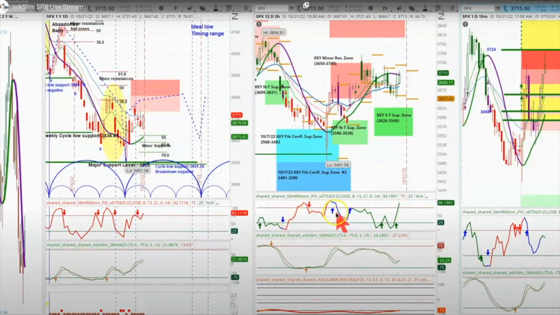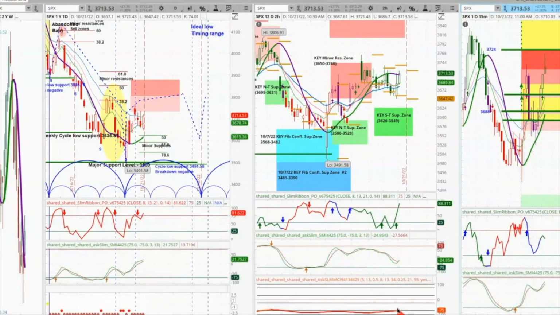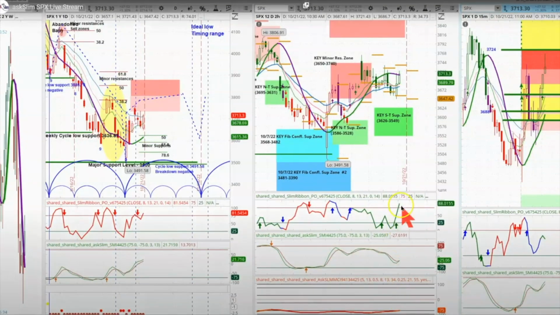And you can see in here the slim ribbon PO now is giving bullish signals, though the market condition indicator on the bottom is still minus 75. It needs to get over plus 25 to be positive, so that has a long way to go. Still, again, we need to see a lot of work for this market to get positive. So beginning signs of it getting positive right over here, as you can see.